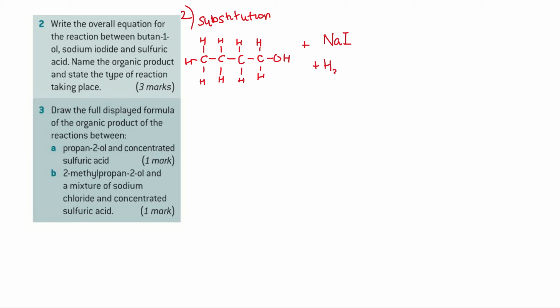So in the substitution reaction, we substitute the alcohol group for the halogen, which is iodide in this case. So we're going to form this compound here. It doesn't matter if I draw the I here or the I here, it's still attached to that carbon number 1.